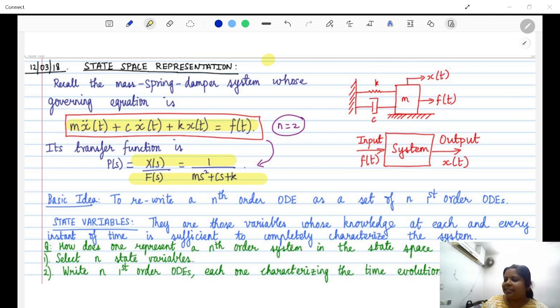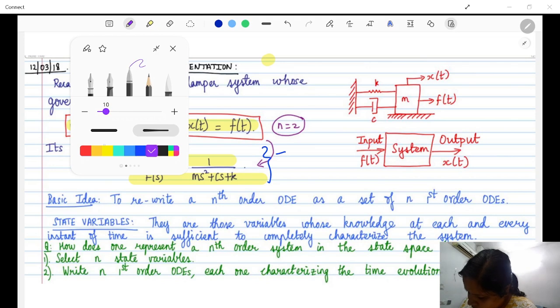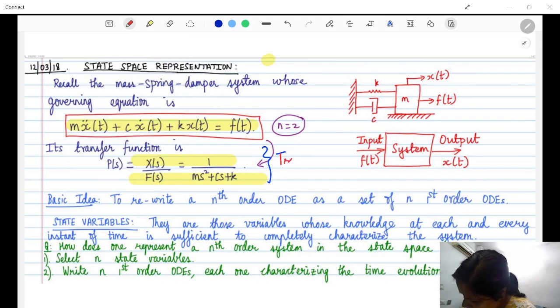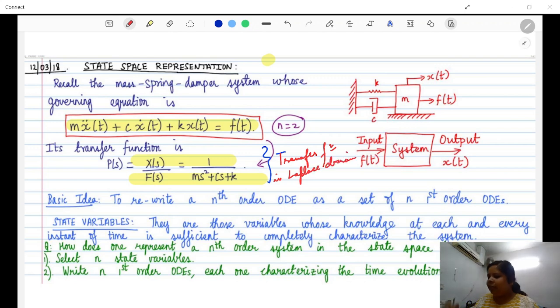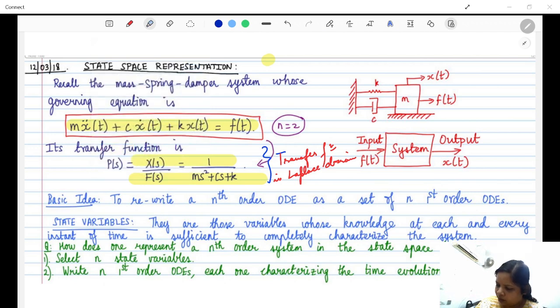But this is in the Laplace domain. So this is your transfer function in Laplace domain. Now, if there is a way in which we can write the differential equation, so this was your differential equation, right? This one.